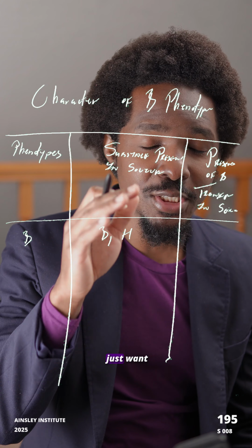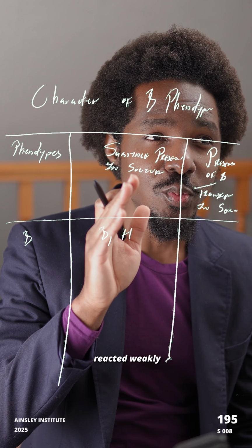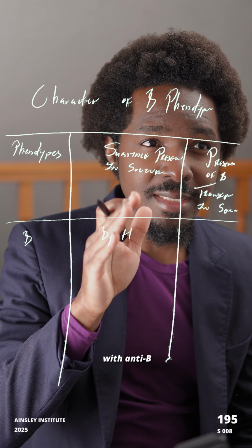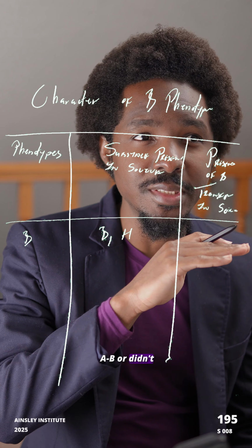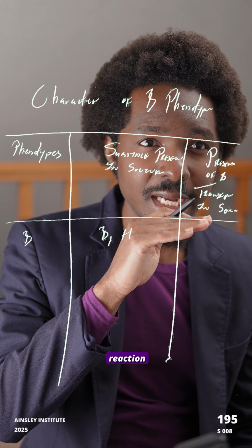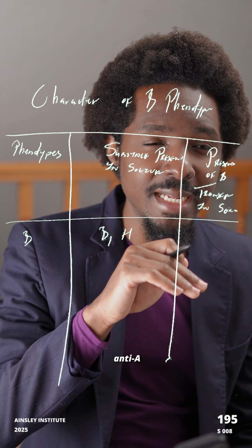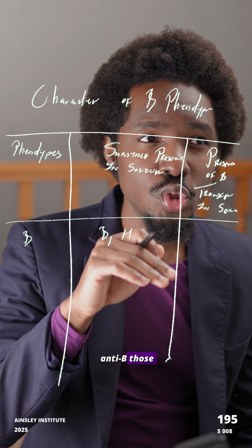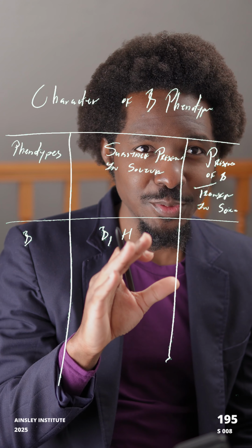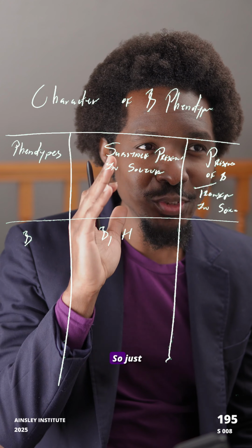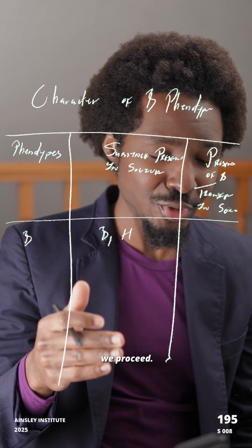And I just want you to wrap your mind around it. The ones that reacted weakly with anti-B and AB, or didn't have a reaction with anti-A and anti-B, those will usually only have H. All right. So just bear that in mind as we proceed.